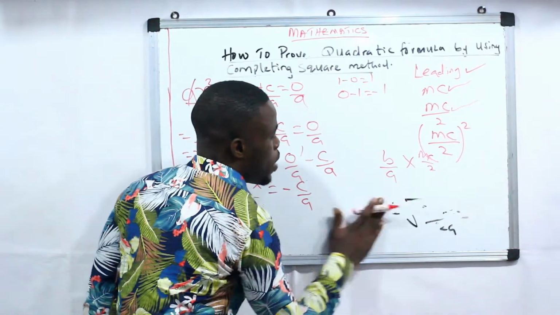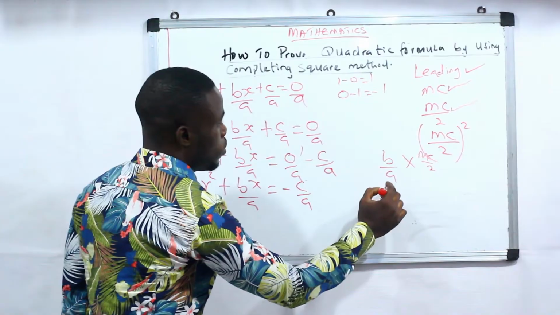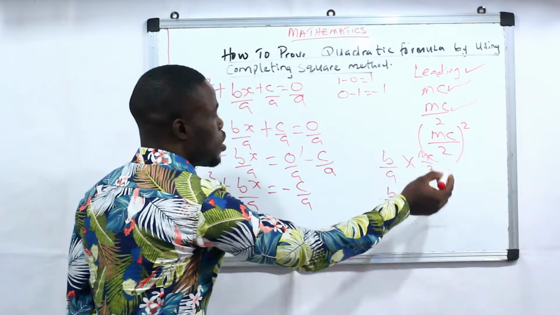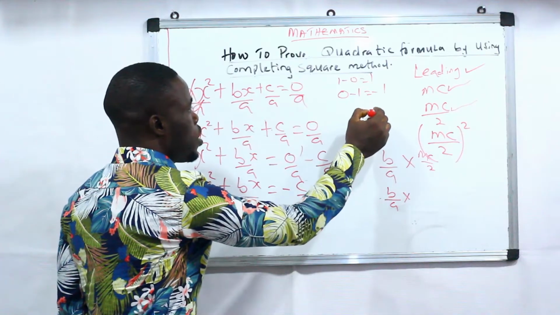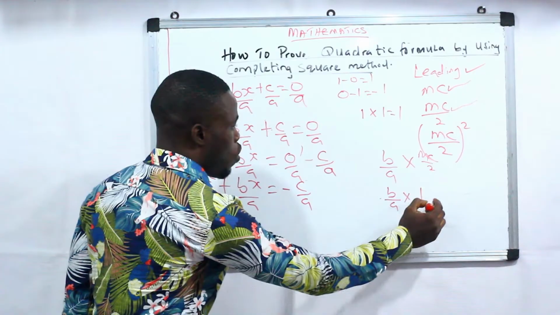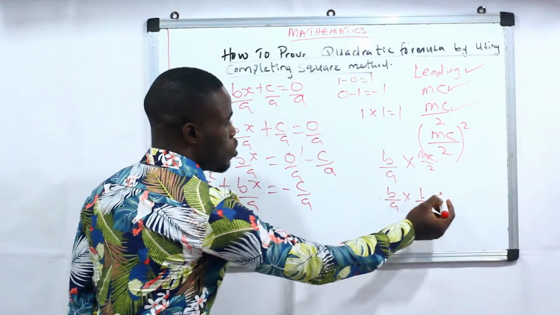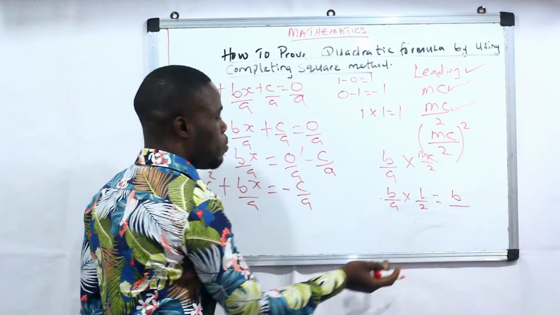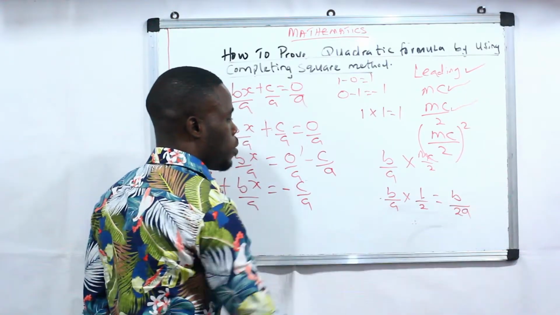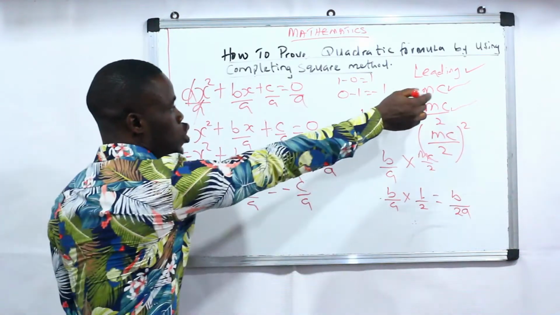The middle constant is b over a times 1 over 2. So b times 1 gives us b, and 2 times a gives you 2a. Okay? So we are through with that.